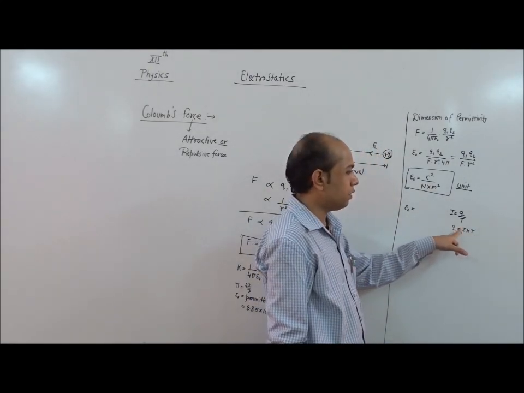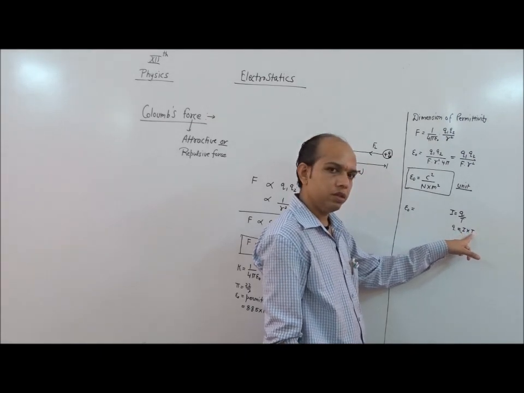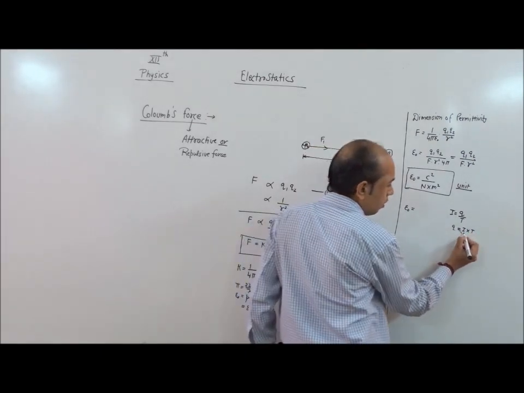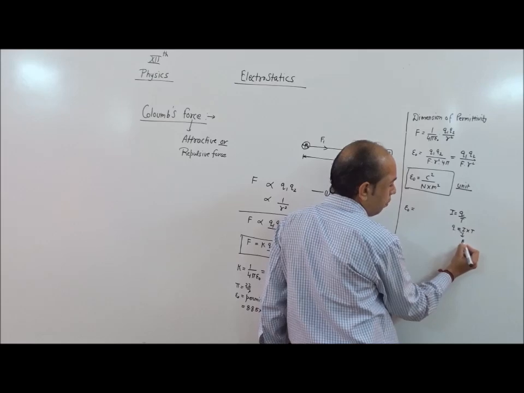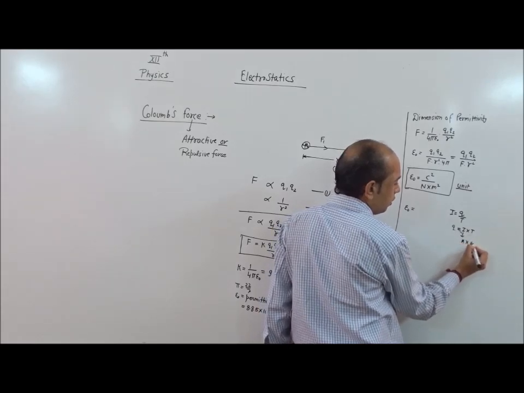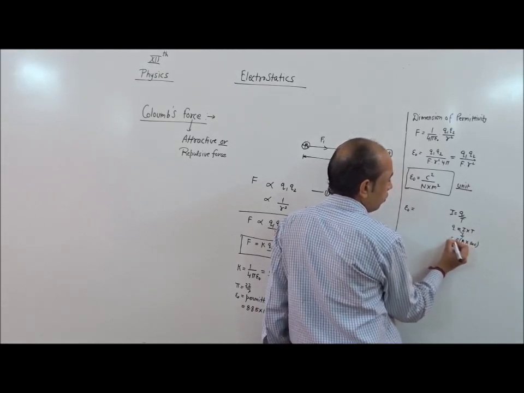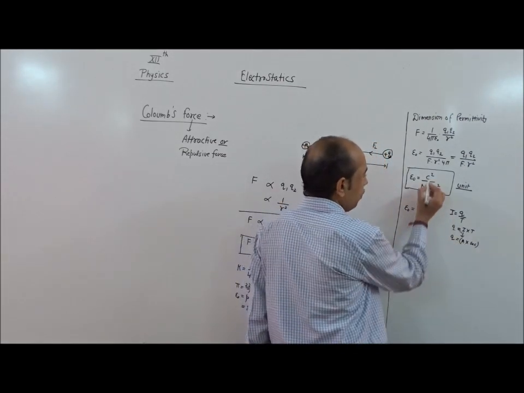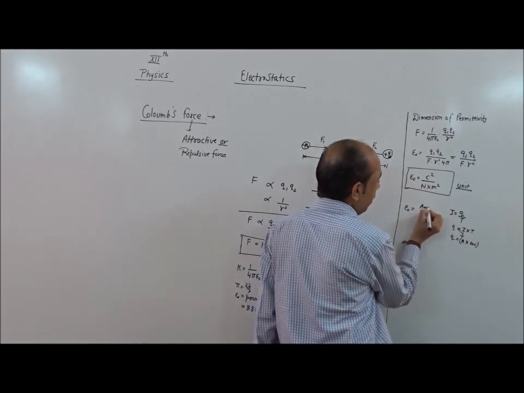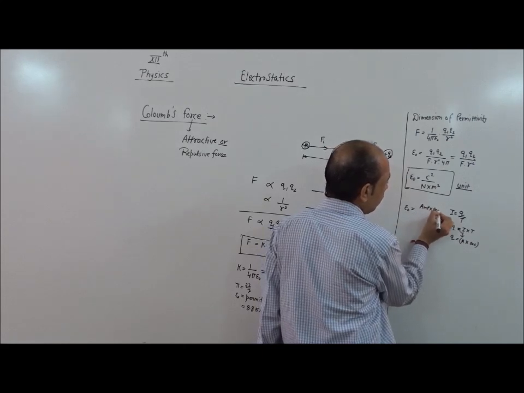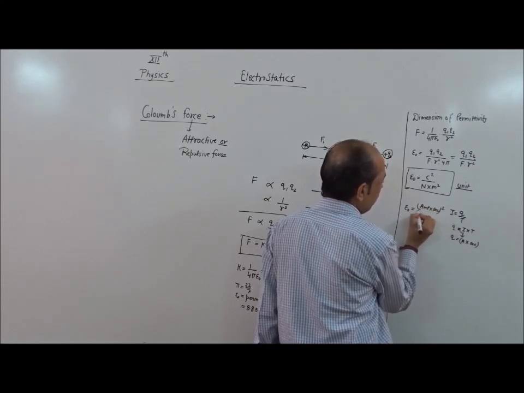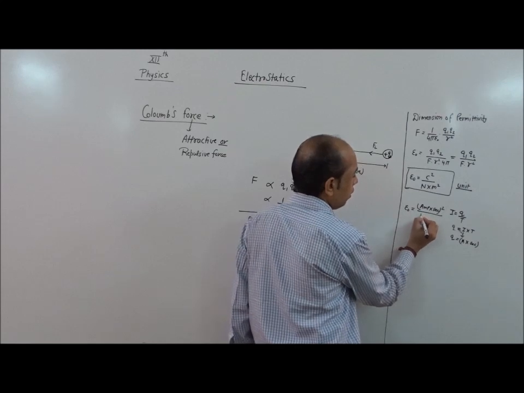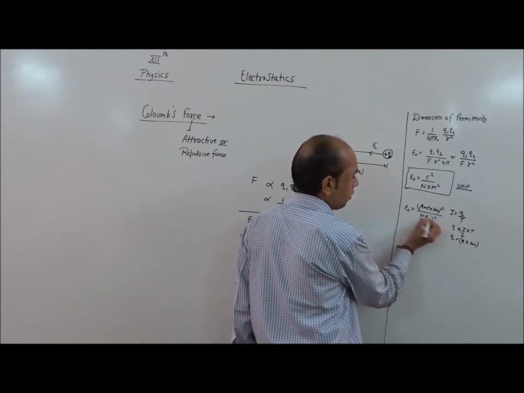So coulomb is equal to ampere into second, because current is in ampere and time is in second. We replace ampere into second with square, and in the denominator Newton into meter square.